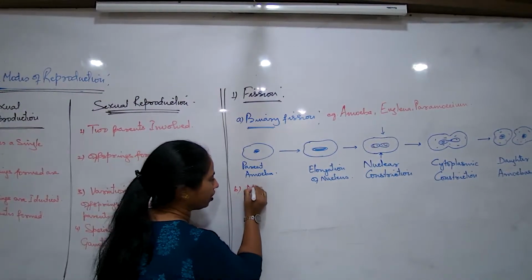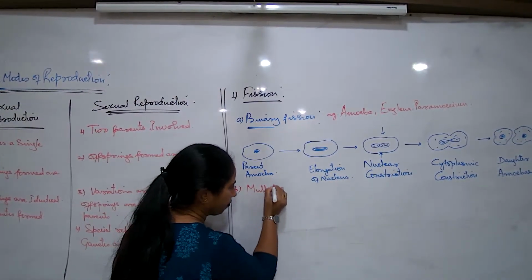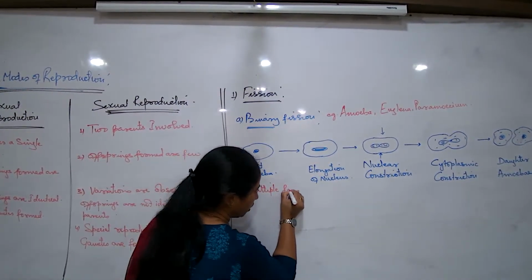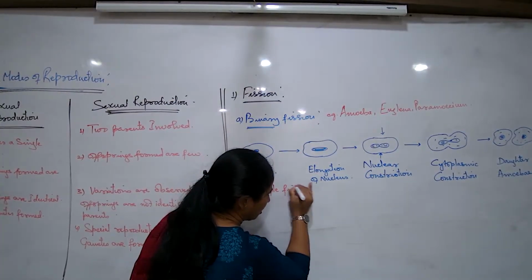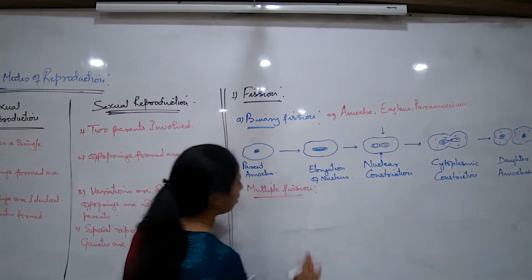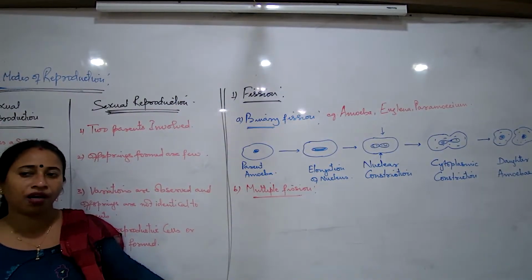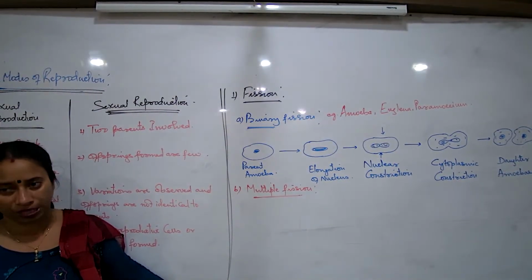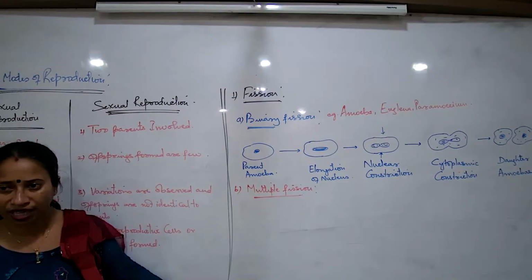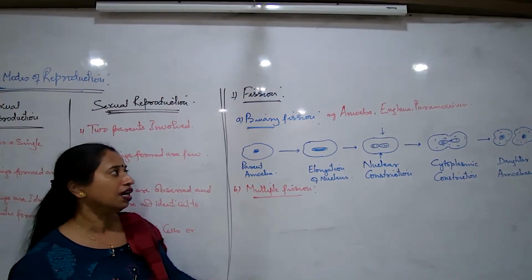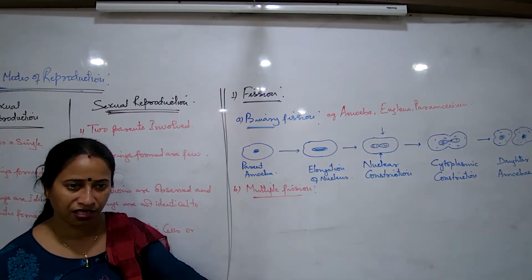What is the second method? Multiple fission. The moment we talk about the concept of multiple fission, it should be very clear: multiple fission always takes place in organisms which are disease-causing forms. Single-celled organisms, but disease-causing forms. Does amoeba cause any disease?